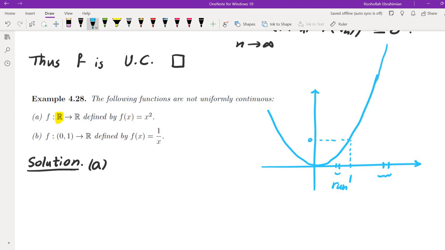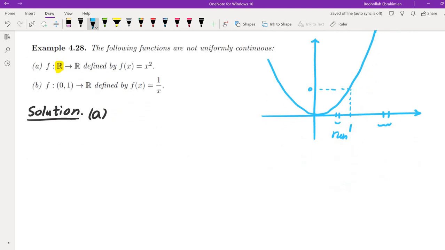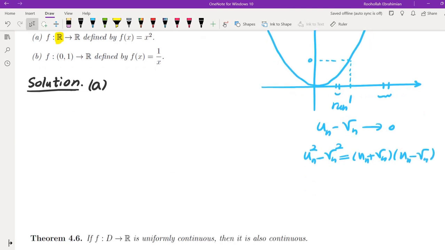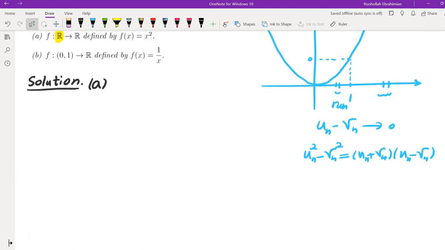So because the curve is very steep, I could create sequences un and vn such that un minus vn approaches 0, but un squared minus vn squared, which is un plus vn times un minus vn, doesn't approach 0. And now we'll have to get to the algebra of it.